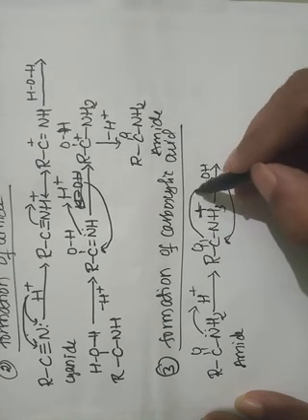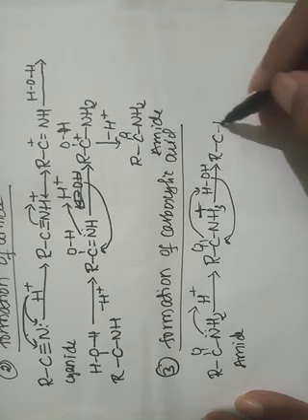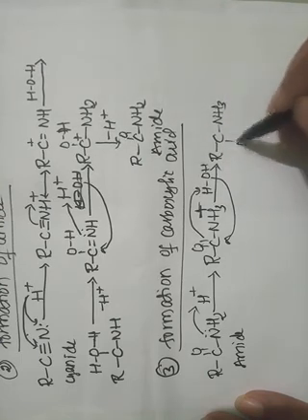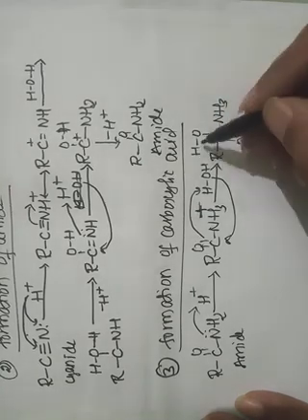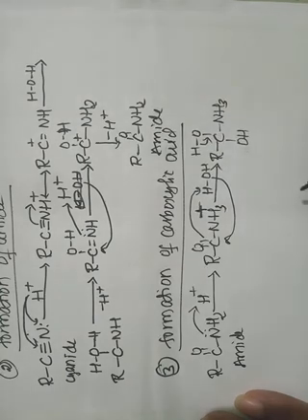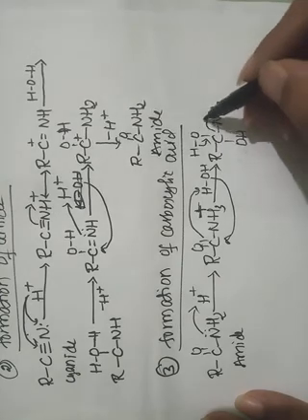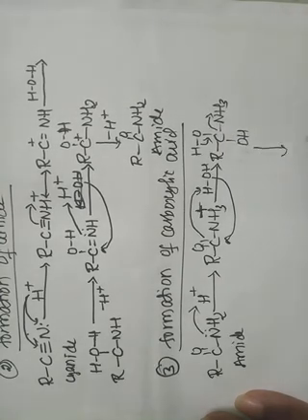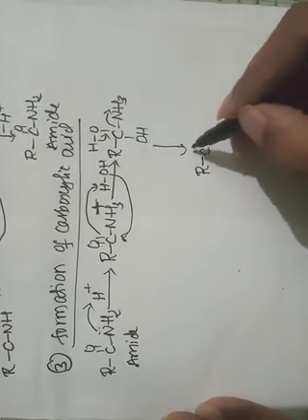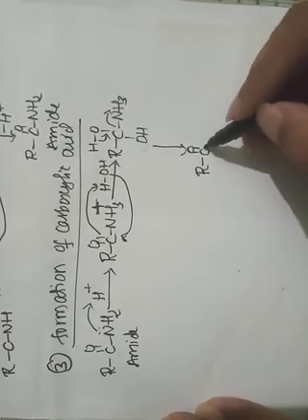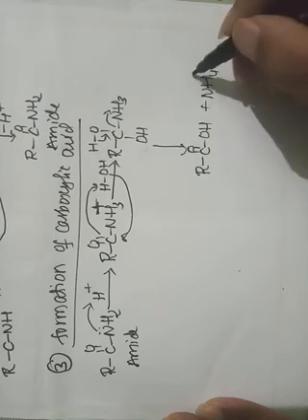The bond between hydrogen and oxygen will break and form a C double bond O, giving RCOOH plus NH4 plus.